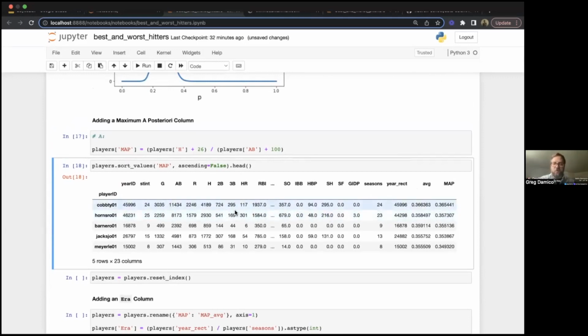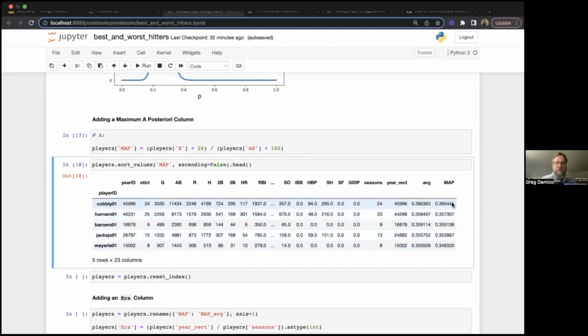And of course, the weight of his career numbers are going to say, no, that's actually not very likely at all that he's an average hitter. It looks like he's more like a 365 hitter. And that 365 is the highest among all of our players that we have here, because this is the way that we've arranged our data here.